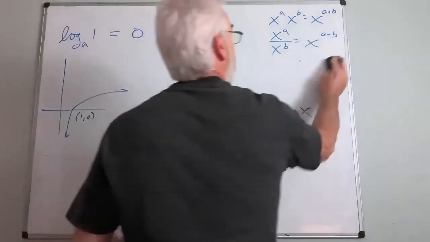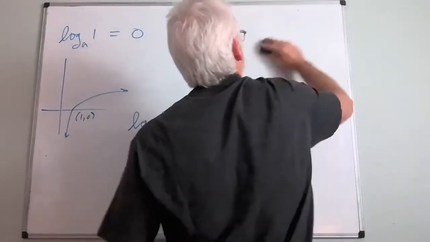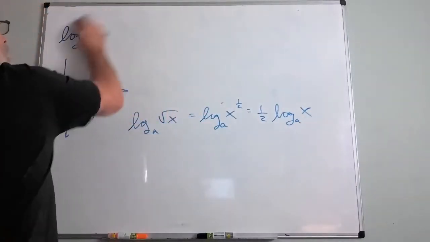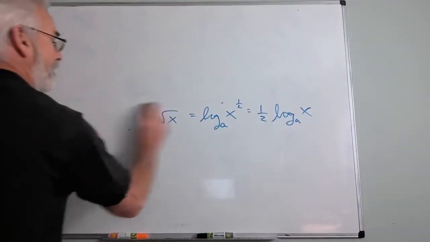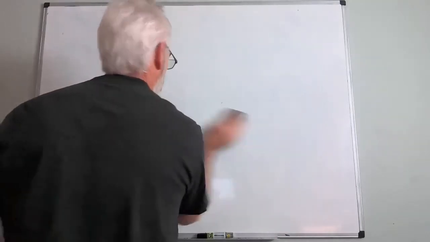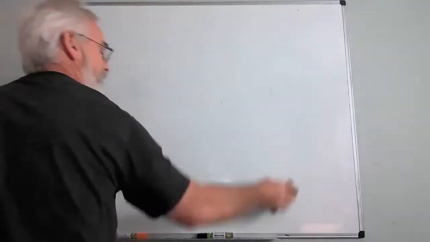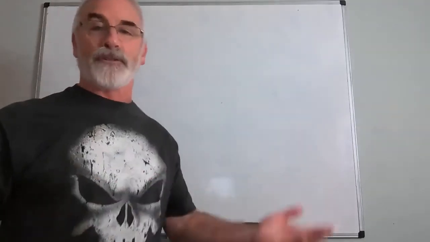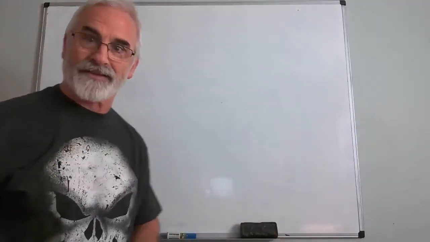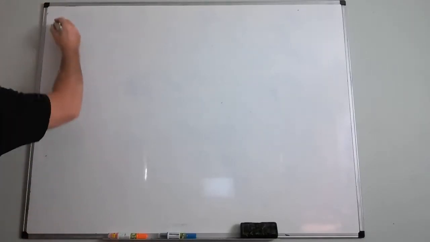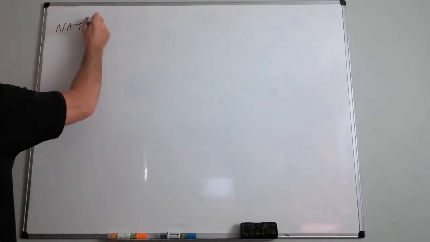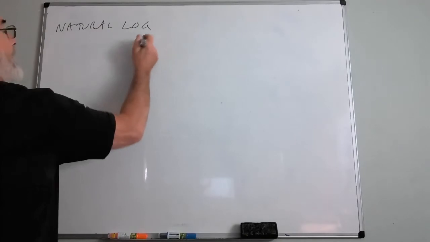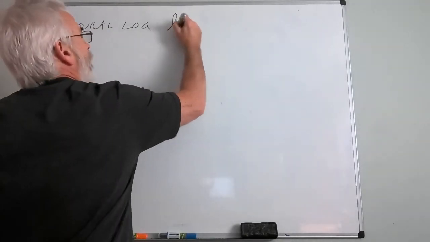So with all of this said, why are we going over all this? Because the most important log, turns out, outside of chemistry, when you're doing pH and things like that, the only log you ever actually use in any conceivable capacity is the natural log. The natural log, which we write as ln.